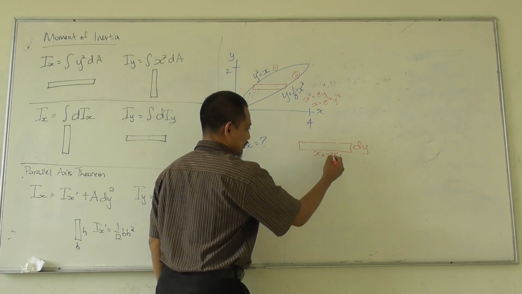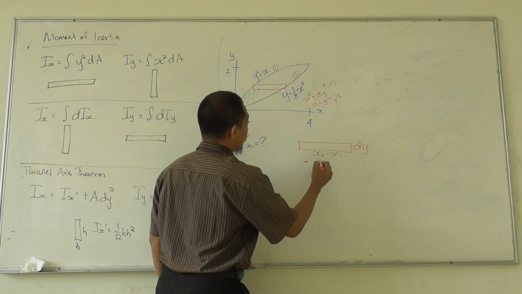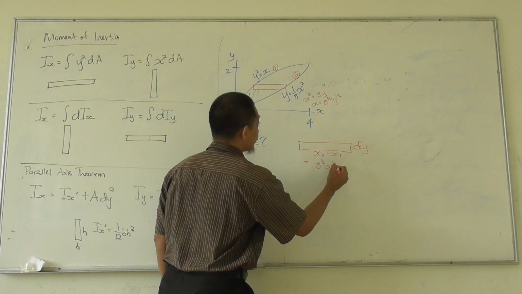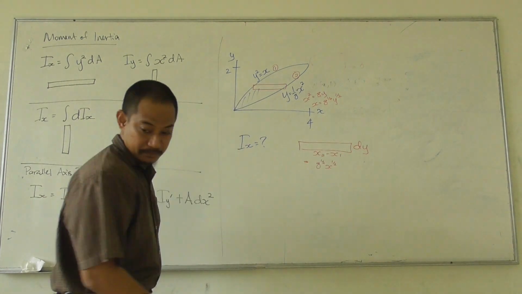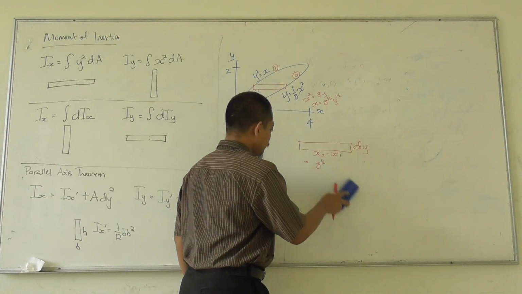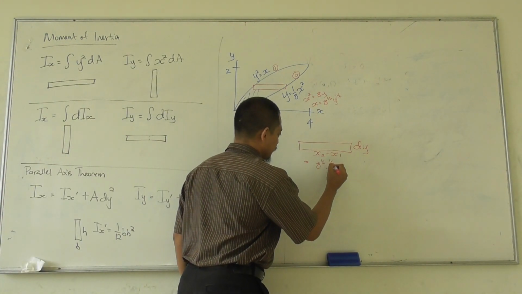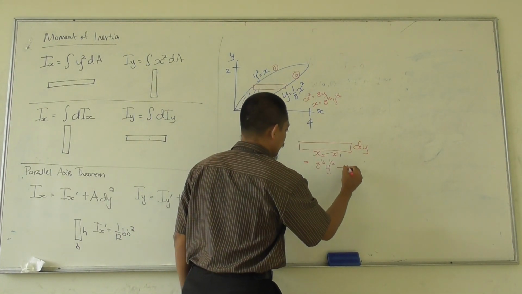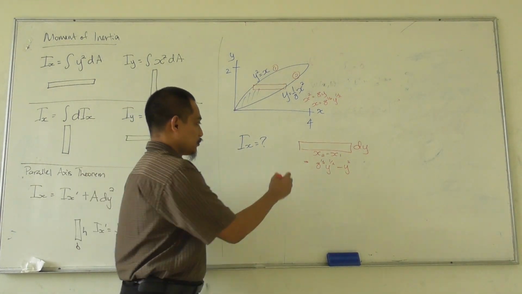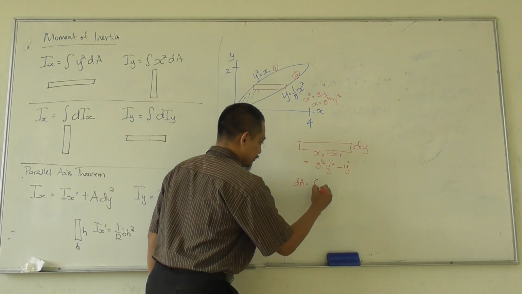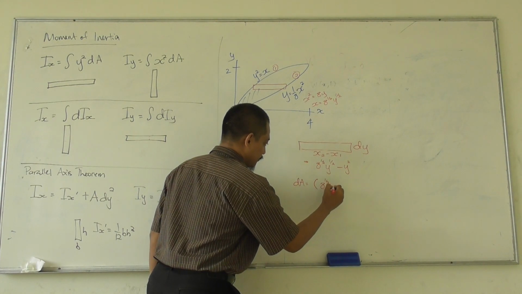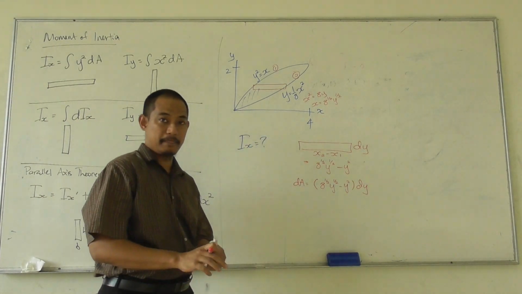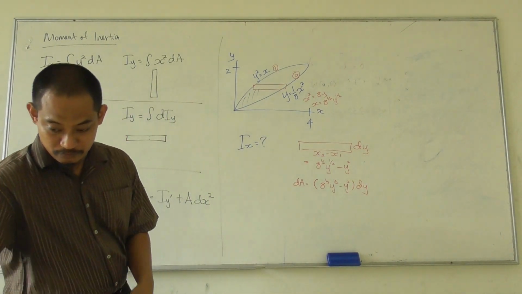So if you change this one, it becomes 8 to the power of half, y to the power of half, meaning square root of these two, and the square root of 2 minus y squared, right? So meaning that dA is 8 to the power of half, y to the power of half minus y squared, dy. Alright, hopefully that is clear.